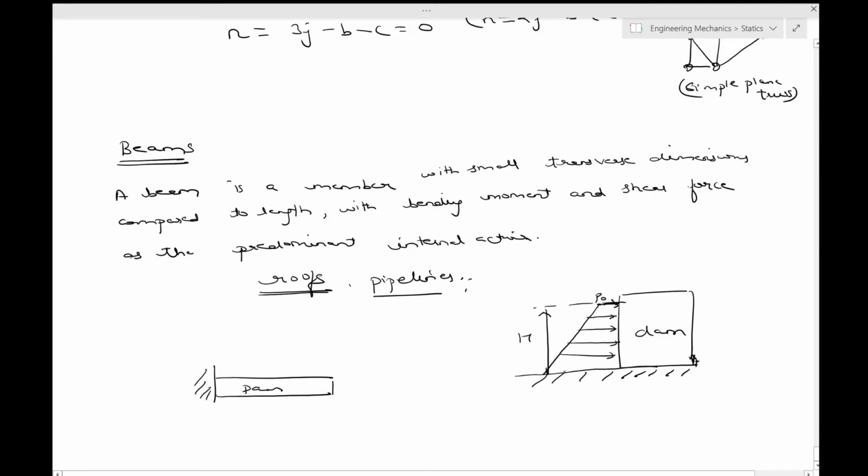Now if you invert this, you have a load on this which looks like this. So this can also be seen as a beam, even though it's not a beam element as such used in the things around us directly, but it can be modeled as a beam.